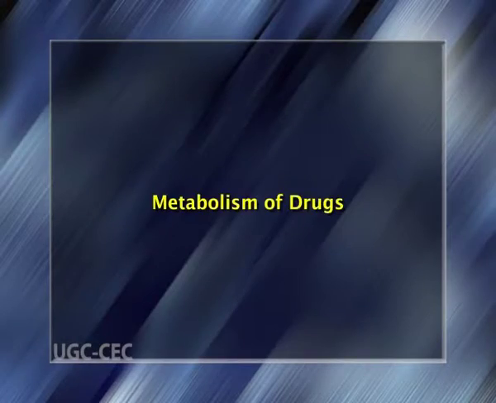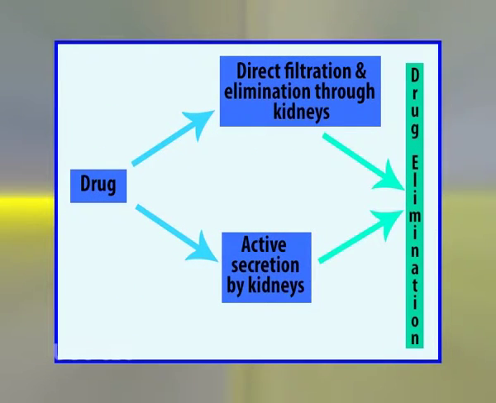After discussing the distribution, we will now discuss the metabolism of drugs. Drugs are eliminated from the body either unchanged through the kidneys and bile, or they may undergo chemical changes that allow them to be more easily excreted.